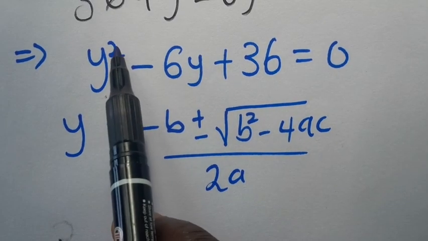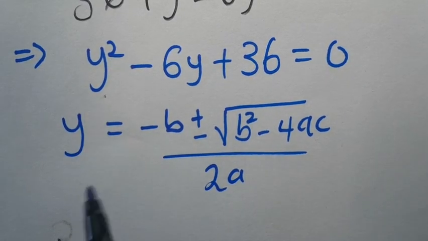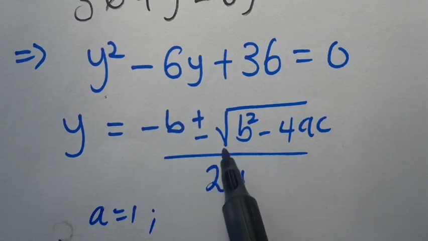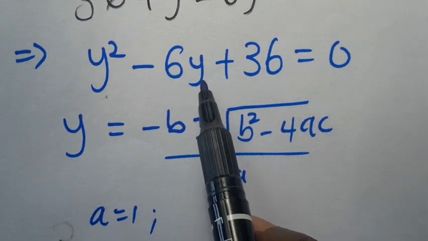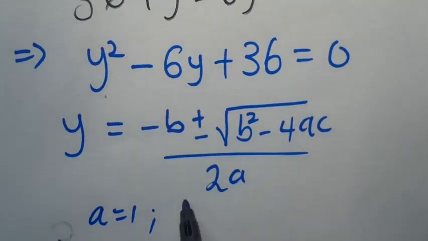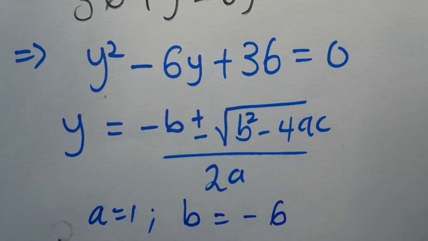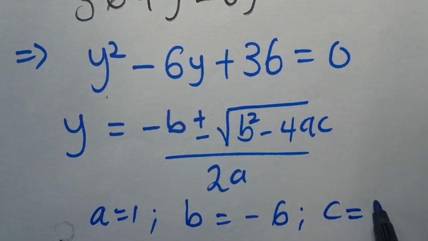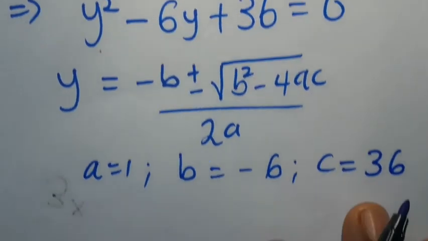The coefficient of y squared is our a, which equals 1. The coefficient of y, which equals minus 6, is our b. Then the constant value, which equals 36, is our c.